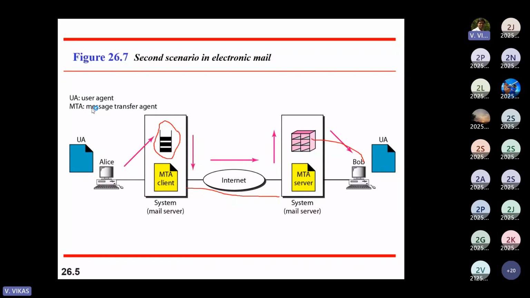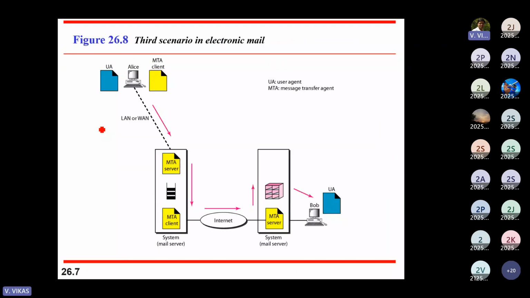But in the third case, whether the Google server is available directly with you or it is located somewhere else. Located somewhere else, yes, so we are talking about that case here. Let us say this mail server, whatever you are using, whether it is Google or Yahoo Mail or anything, you are connected to the mail server through a point-to-point local area network or wide area network. That is what we are considering here.